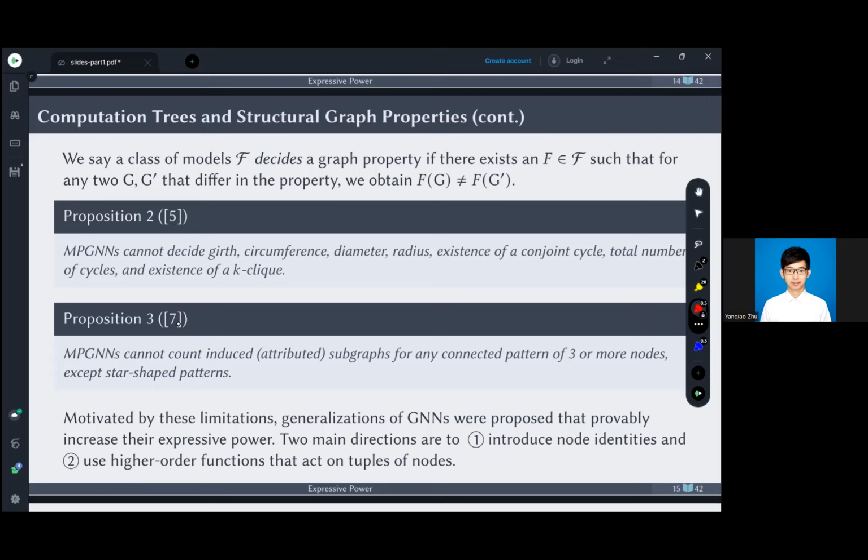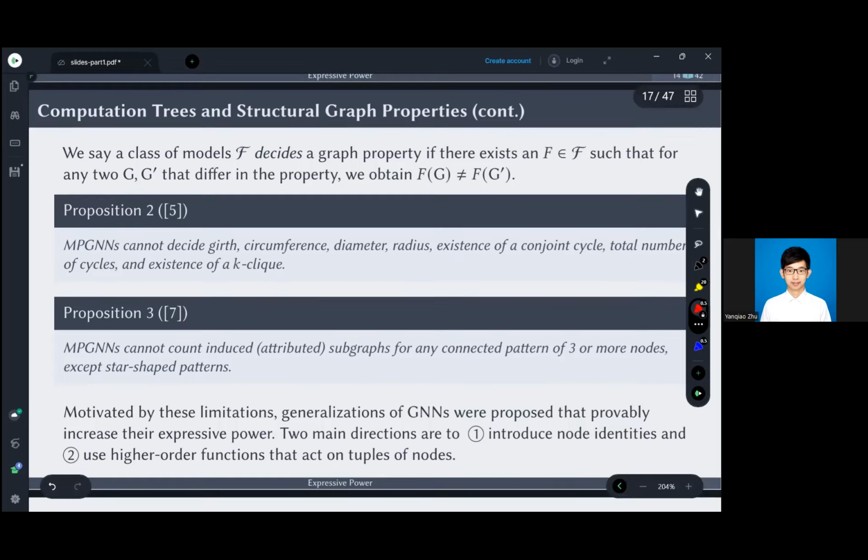For example, literature 5 says that message passing graph neural network models cannot decide the girth, which is the length of the shortest loop within a graph, and the circumference, which is the length of the largest loop within a graph, and the diameter of a graph, and the radius of the graph, and the existence of a conjoint cycle, and the total number of cycles, and so on and so forth.